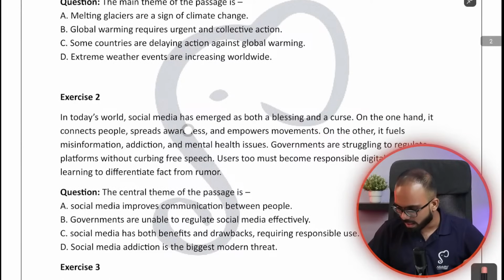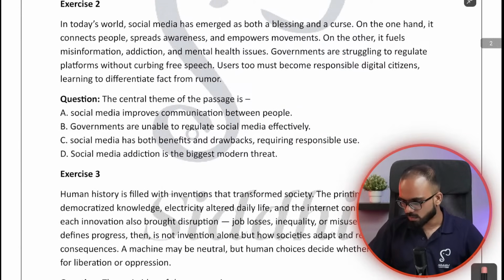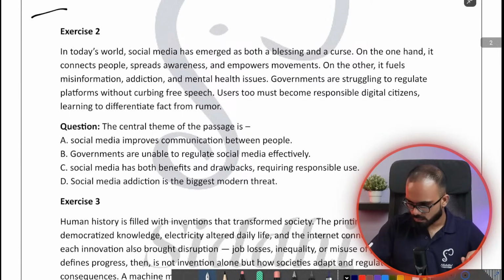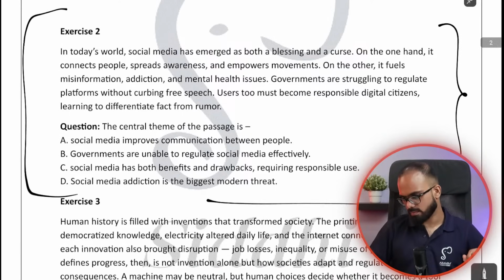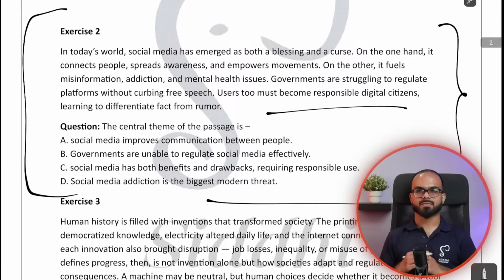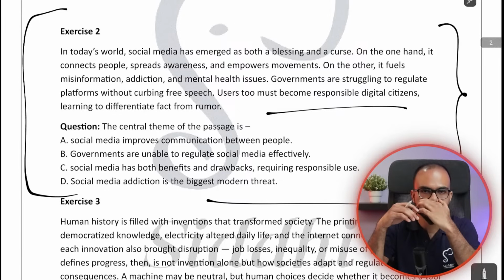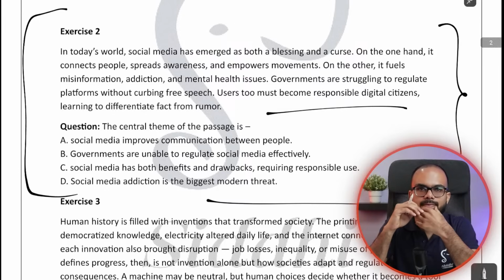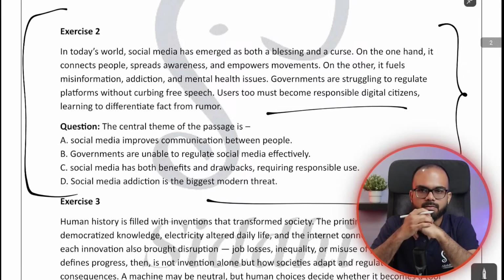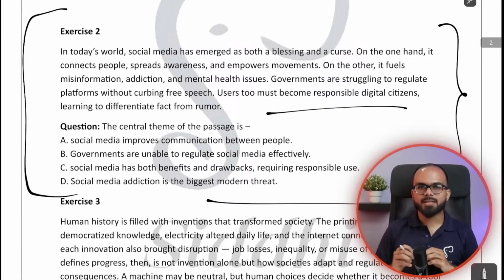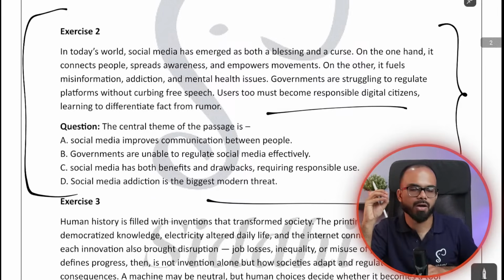Now, let us look at the second question, and please solve question number 2. When reading, please do not read the entire lines.